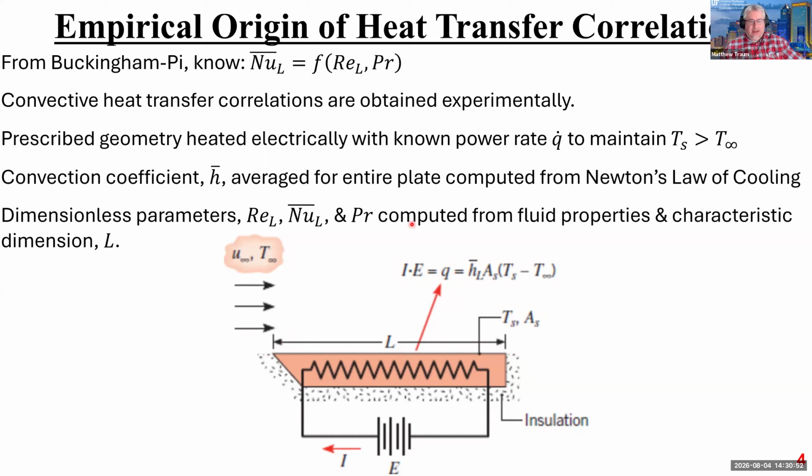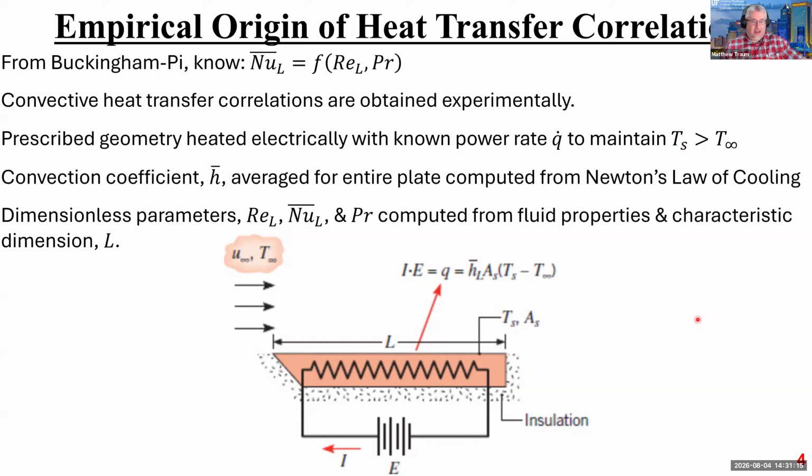So you can then take that given information, prescribed geometry from a heated electrical plate in this case, with known input power, Q dot, maintaining some temperature Ts greater than T infinity. I should mention, right, Ts is the surface temperature. It does not necessarily need to be greater than T infinity, the ambient temperature.